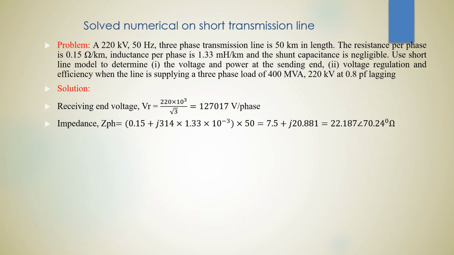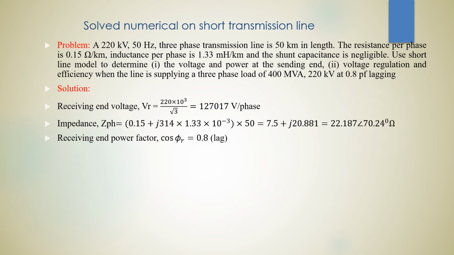So 220 kV divided by root 3 gives us the phase voltage, which comes out to be 127017.4 volts per phase. Now the impedance is calculated as R plus jX. So it is 0.15 plus j 314 (2 pi f) into 1.33 into 10 to the power minus 3, because millihenry is converted into henries.